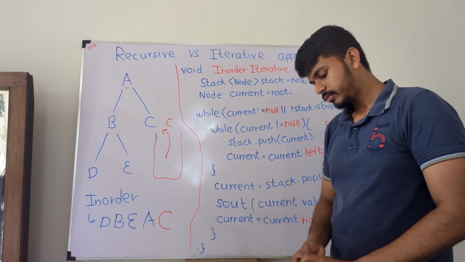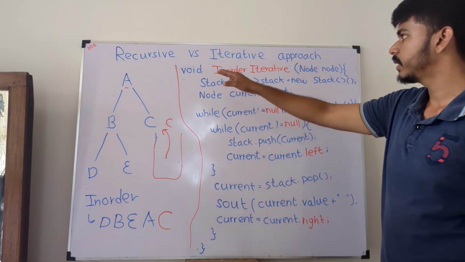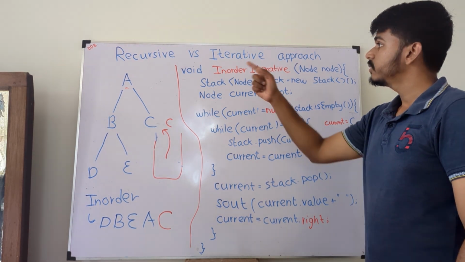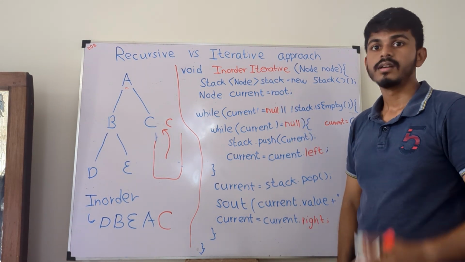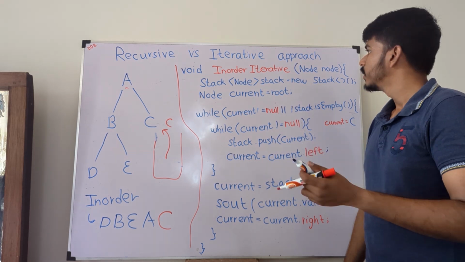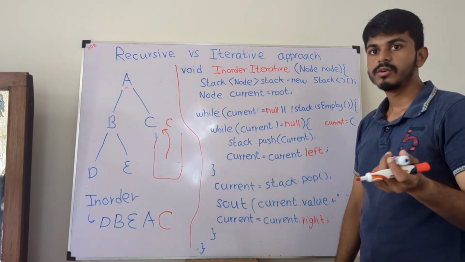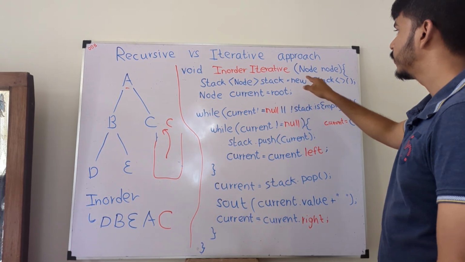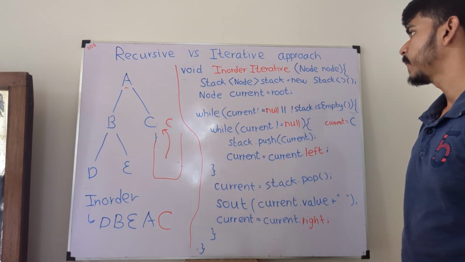Here you can see the code is a bit complex. That is because in the recursive approach we have used the system call stack to store the values, but in this we are manually storing the values using a stack.